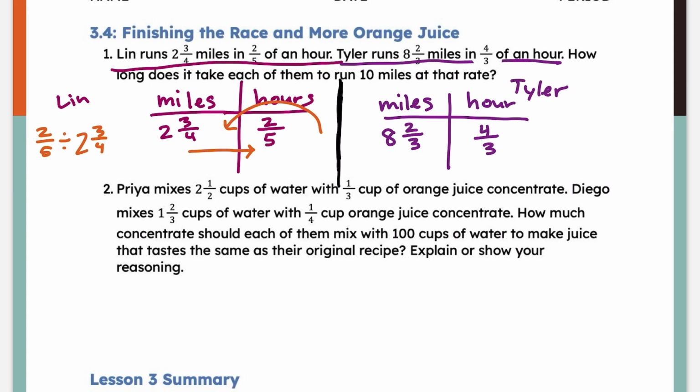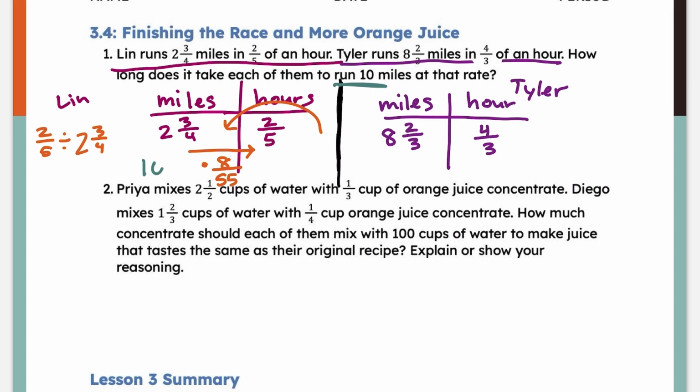Again, I'm typing in 2/5 divided by 2 3/4, and I get this lovely number of 8/55. Once again, we can see a decimal version of this. I'm going to go ahead and use the fraction. We're multiplying by 8/55.